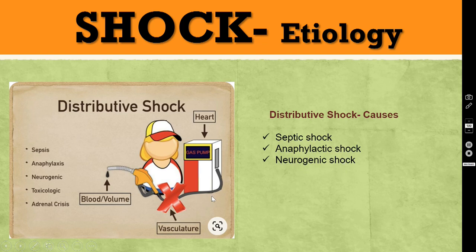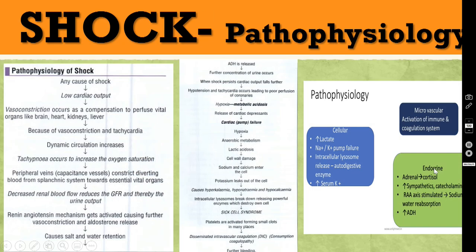In all these, there will be abnormal peripheral vasculature dilatation, and the majority of the blood volume will be in the peripheral vasculature. So there will be decreased venous return to the heart, naturally decreased cardiac output, and that will result in the shock.